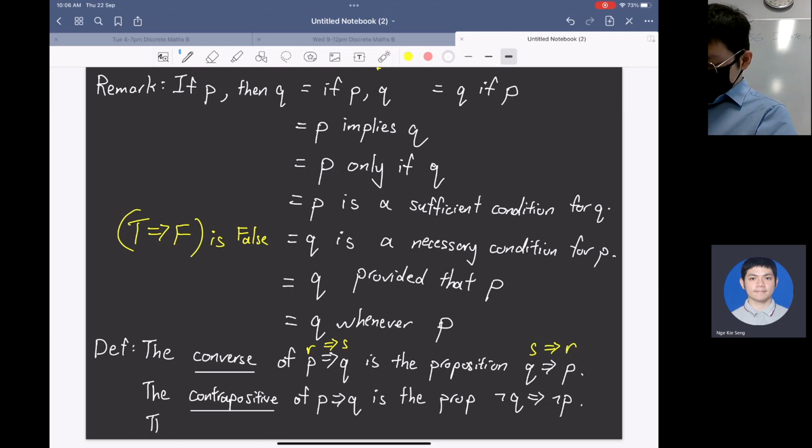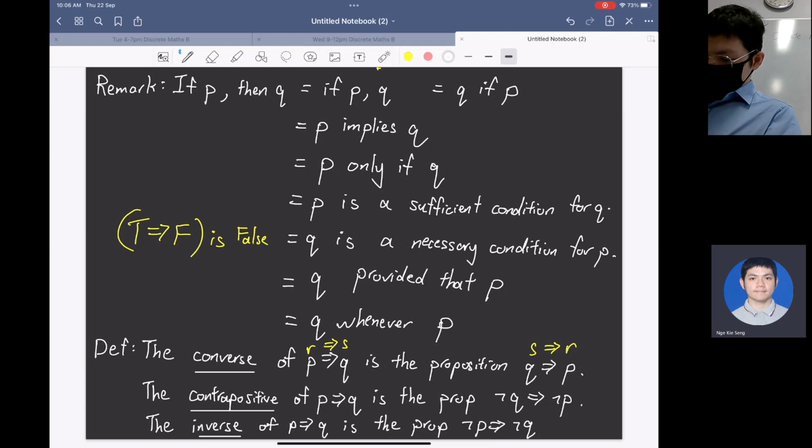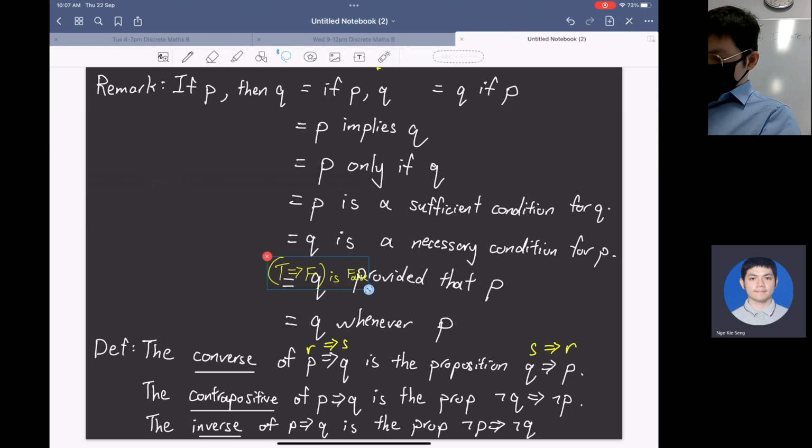Next we will talk about the inverse. The inverse of P implies Q is the proposition not P implies not Q. So you just put not on both. I have some comments on why it is called inverse.